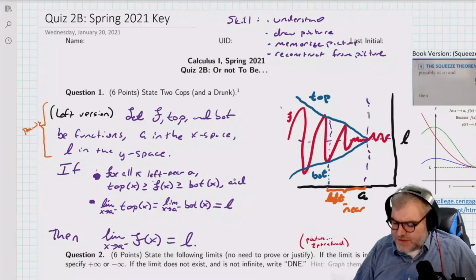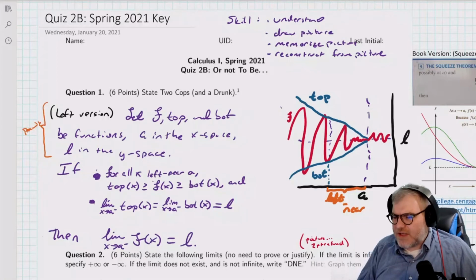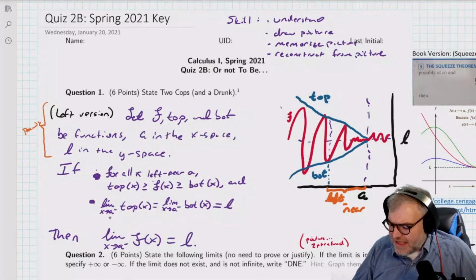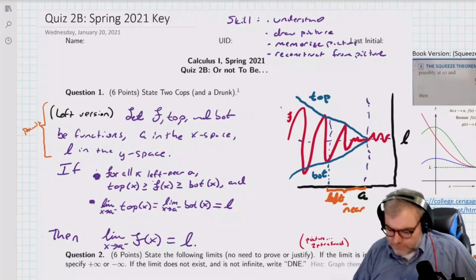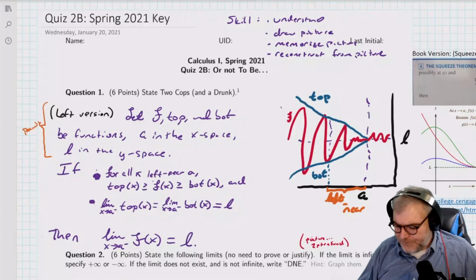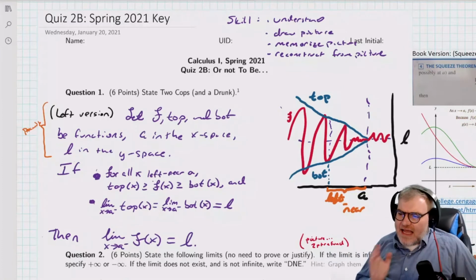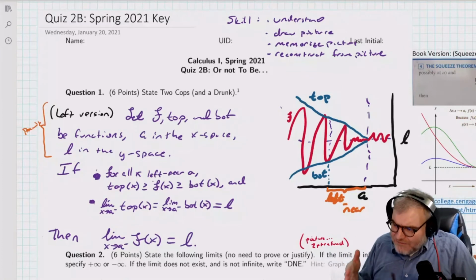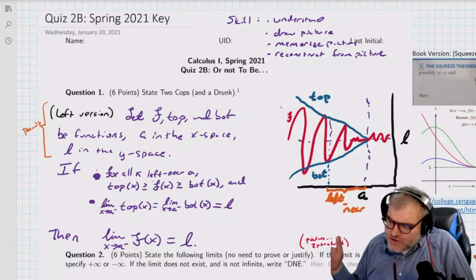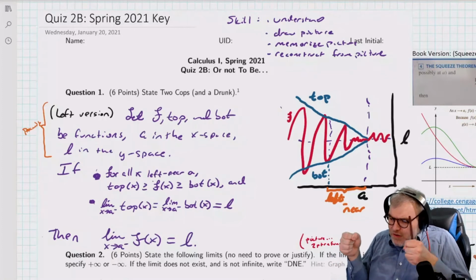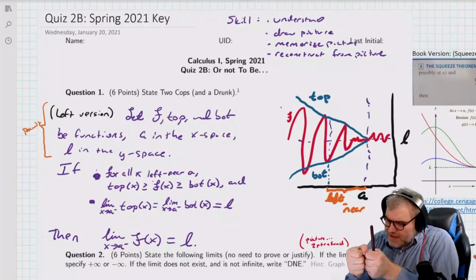Can I read the points intuitively? I think what you're asking me to do is say what these things are from the intuition. The intuition is that if I'm left near A and top is bigger than F is bigger than bot, if top is on top and bottom is on the bottom, and F is stuck in the middle, and if everybody's heading toward L as X goes to A, or top and bot head to L, then F gets squeezed in between the two cops, and moved in there.